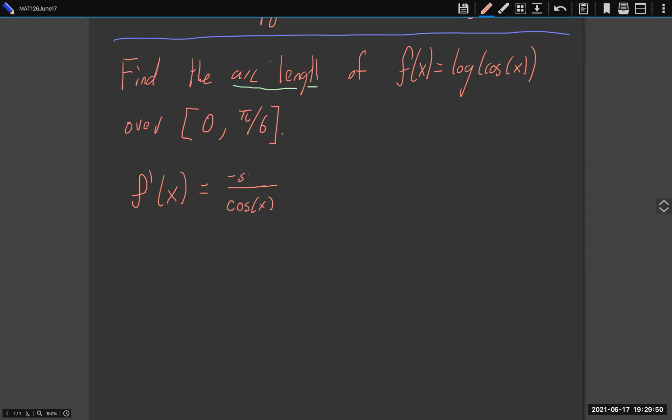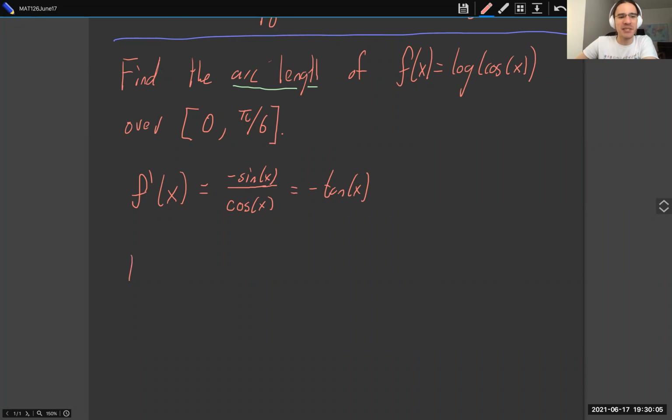Exactly. So I can write that as minus tan x. So this function is chosen to be nice. Well, now you can see what's going to happen when we consider this expression. So I get 1 plus tan squared x. What is that equal to?